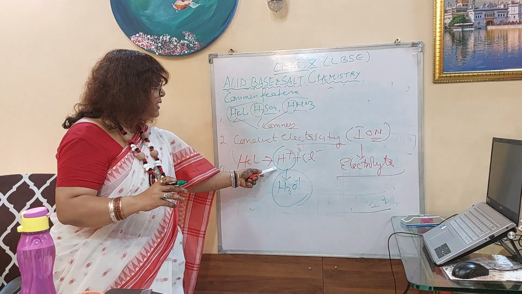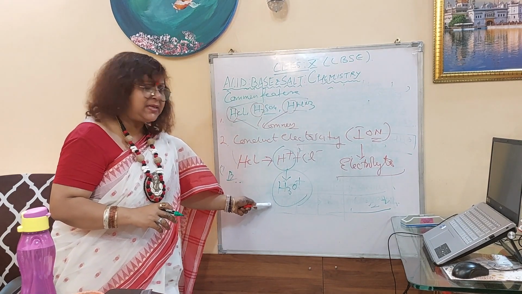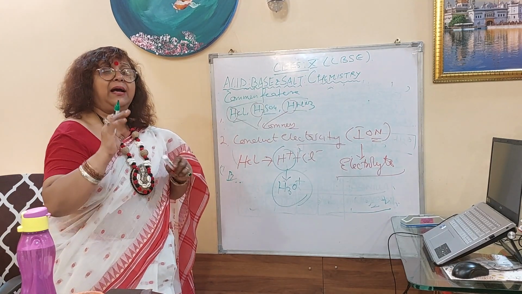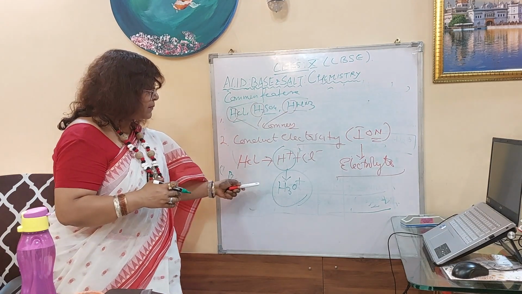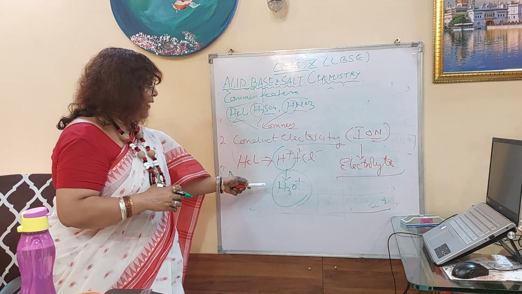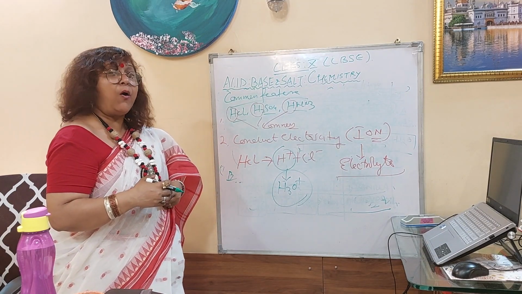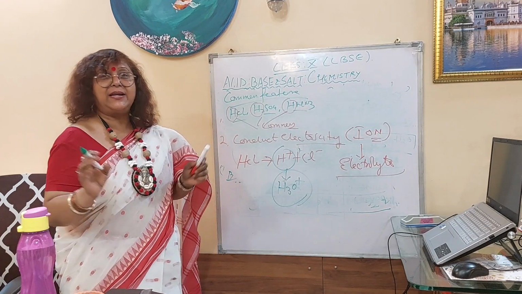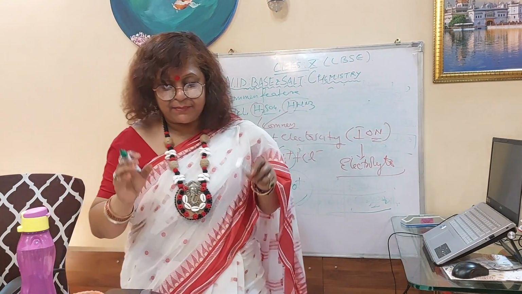This H plus can combine with any number of water molecules to form H3O plus, and this shows that the acid has a strong character if the hydronium ions formed can act as an electrolyte. All acids, as I said, don't act as an electrolyte. So acetic acid cannot act as an electrolyte as compared to H2SO4. Some are very strong acids and some are weak acids.